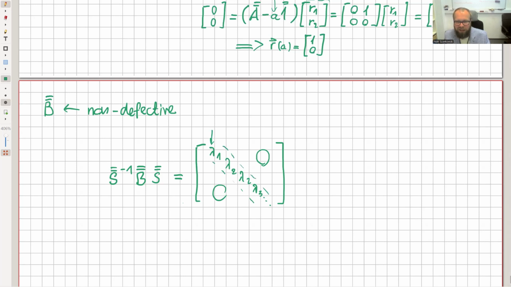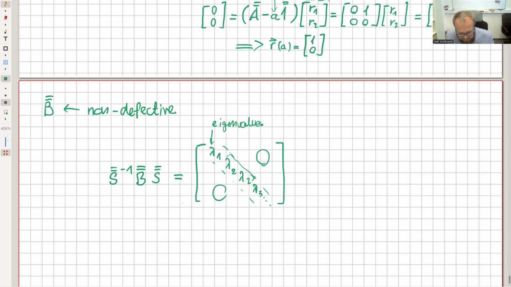So these would be the eigenvalues. And in this example, we have lambda 2 twice: two identical eigenvalues. So in this example, B has an eigenvalue that's degenerate with degree of degeneracy 2, for example.